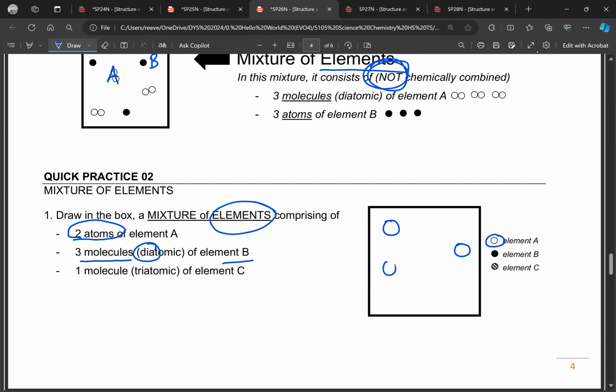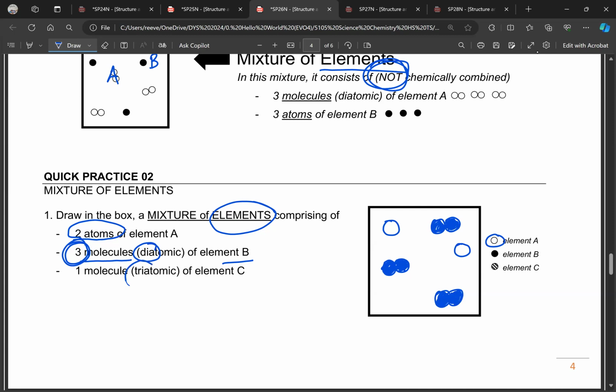So B is the black circle, diatomic, and don't go and join other things. If you join another different one, it becomes a compound. But if you join the same thing together, it's still an element. And I need three sets. One set, two sets, three sets. They are all diatomic. Two atoms joined together means two same atoms joined together, so it's still an element. So a diatomic element.